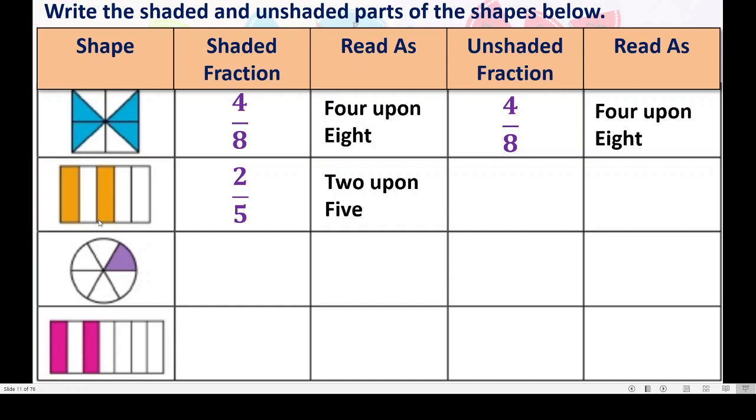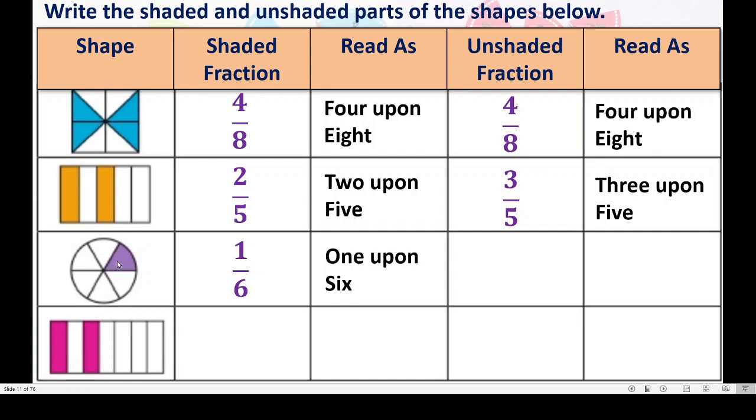See, this is 1, 2, 3. Right? So the answer here is 3 upon 5 and read as 3 upon 5. Next thing is a circle and only one part is shaded. So out of 6 parts, 1 upon 6 is our answer and read as 1 upon 6.